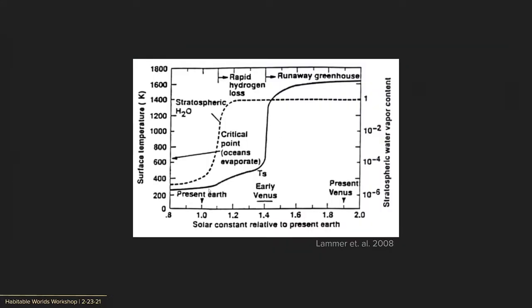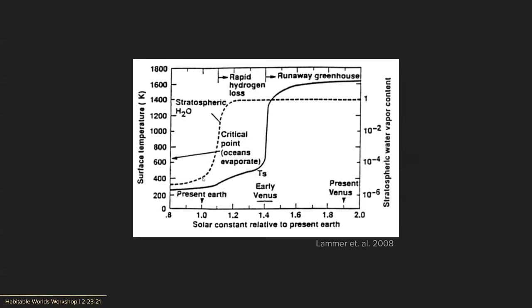Well, we can do a thought experiment here where we take our own Earth around our own sun, and we see what would happen if we slowly push the Earth in towards the sun. So you can think about this axis as we increase the amount of energy that the Earth is receiving, we are moving through time as we push the Earth towards the sun. Now, first, what we see is that the stratospheric H2O content starts increasing very rapidly.